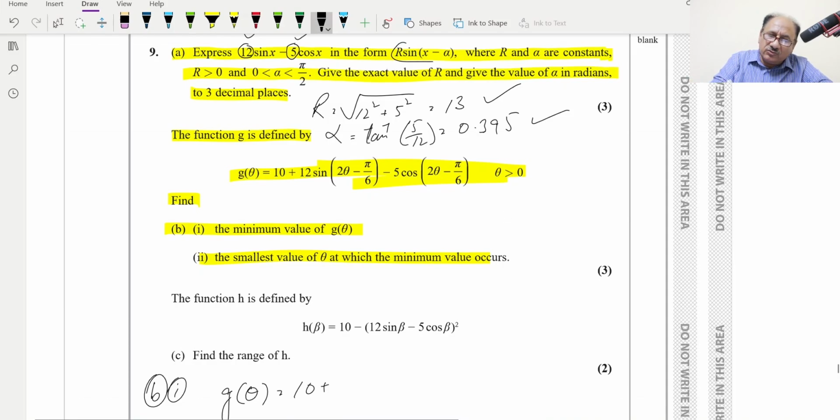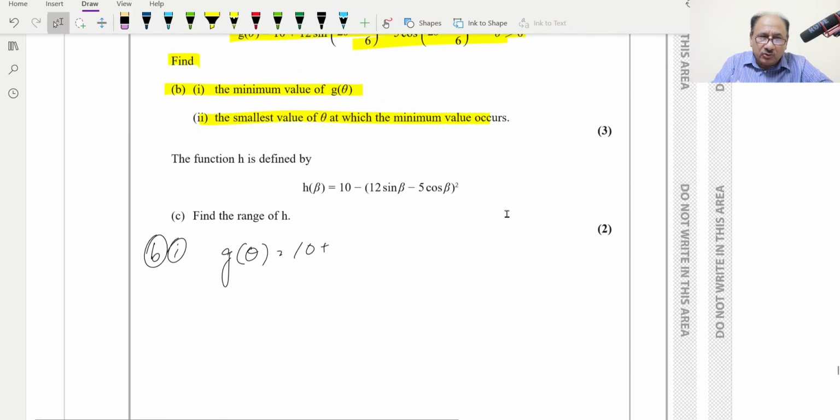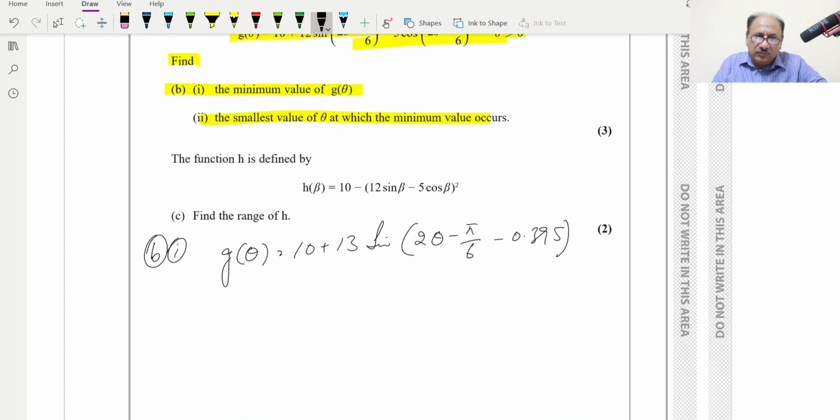We are writing in the format r sine x minus alpha, so 2 theta minus pi by 6 minus 0.395, and we can simplify 10 plus 13, and the sine of this one will be minus 1.